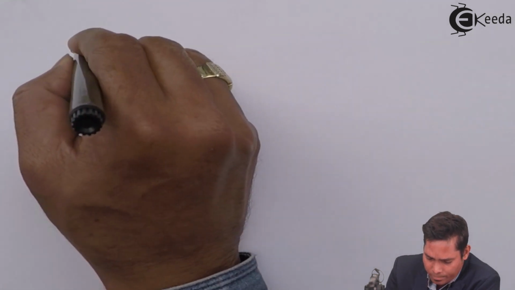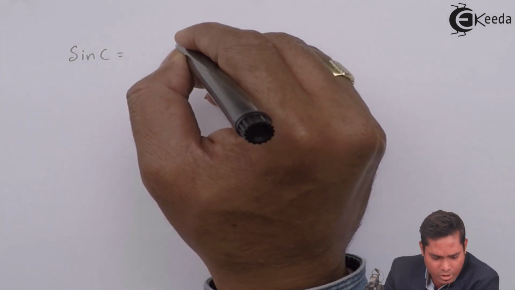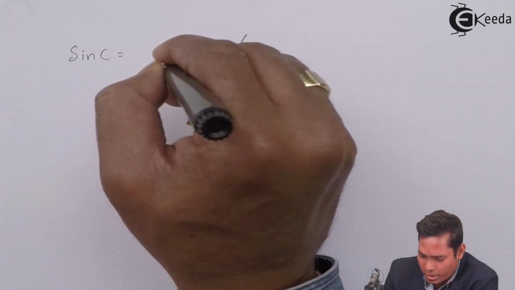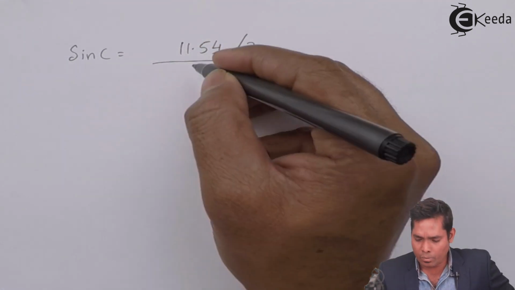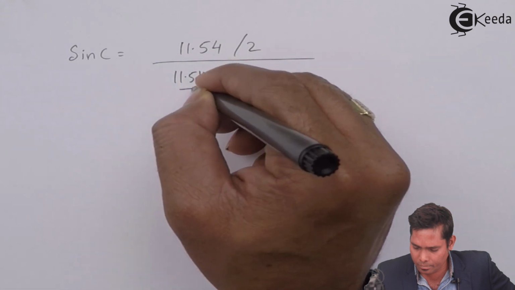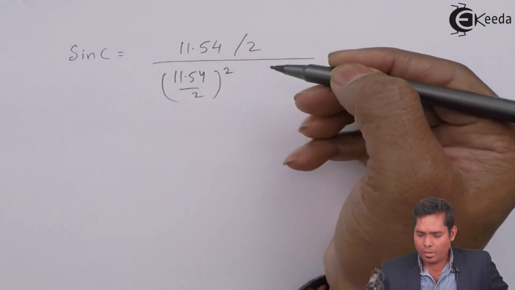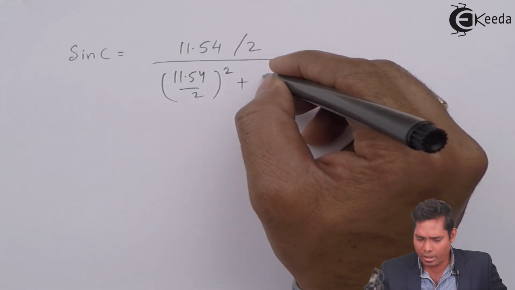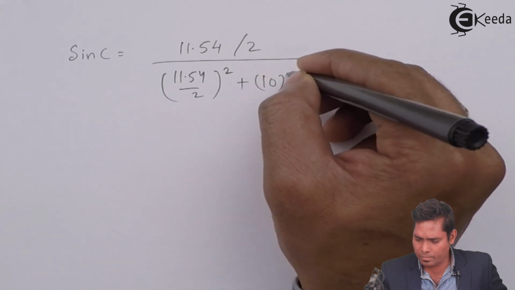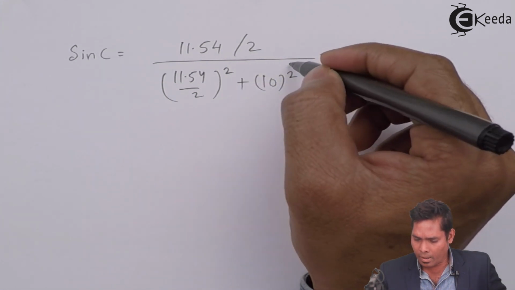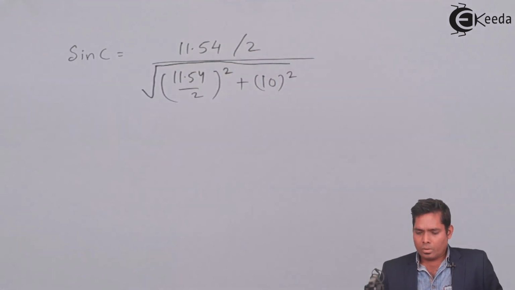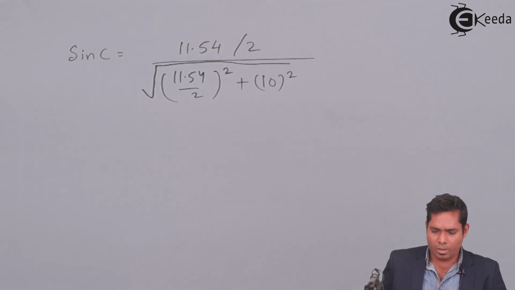Now if I substitute the value of R, which is 11.54 divided by 2, that we have already calculated, and the square of this, plus D is 10, that square also I have to take, and the under root. So this is what we are getting.